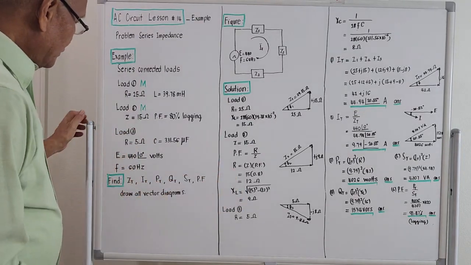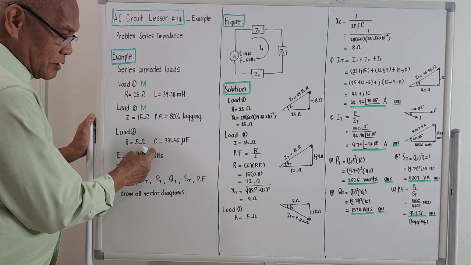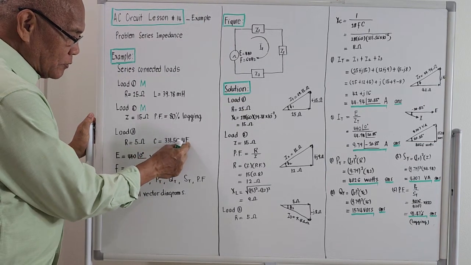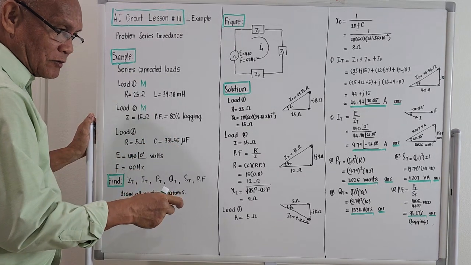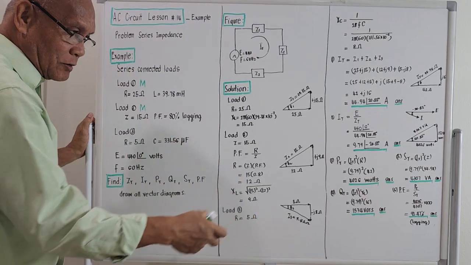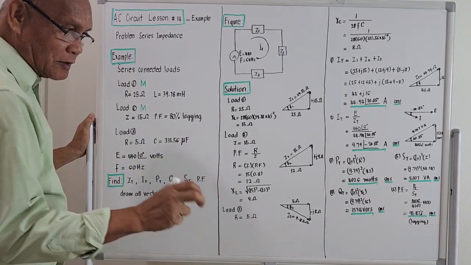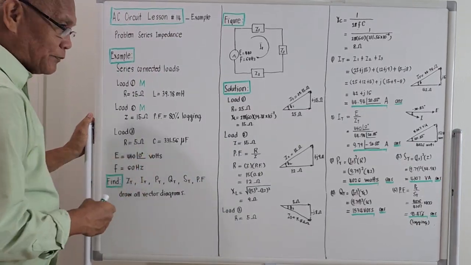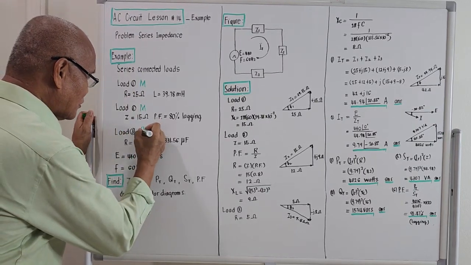For load number 3, the resistance is 5 ohms and capital C has the value 331.56 microfarad. This letter C refers to the capacitance. So load number 3 is actually a capacitor, or it could be a synchronous motor that is overexcited that acts like a capacitor.